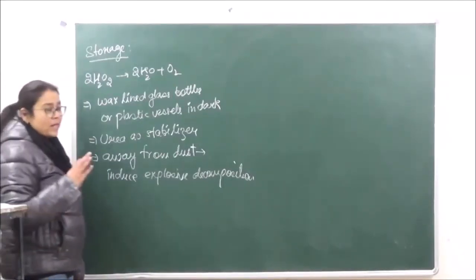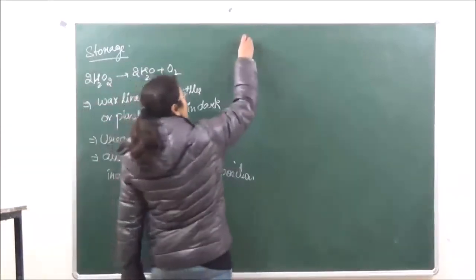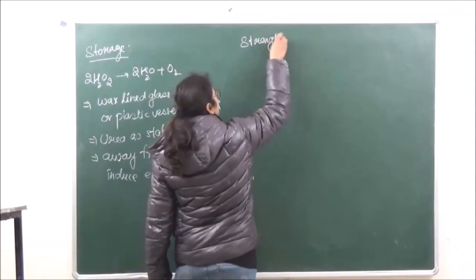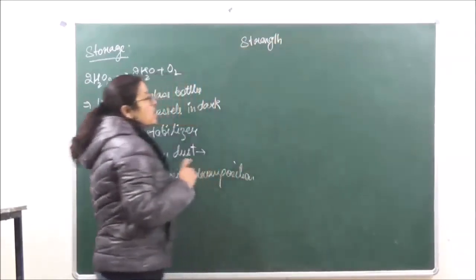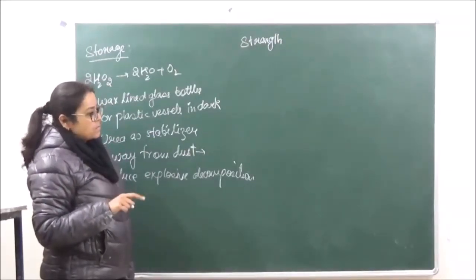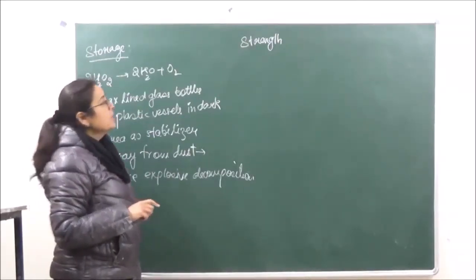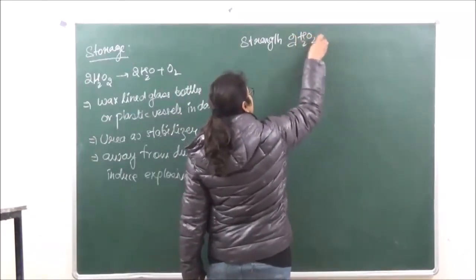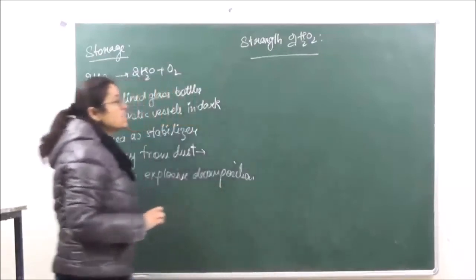Now we get one numerical from the next section, especially in your competitions. So be attentive when we are doing this topic, because this is one of the questions I have seen in competitions. It comes from this chapter. Okay? So that is the strength of H2O2. This is important.